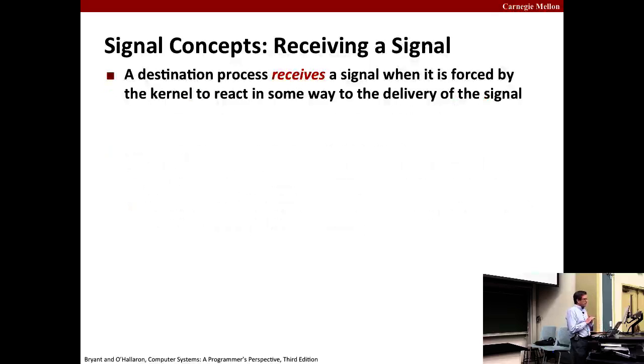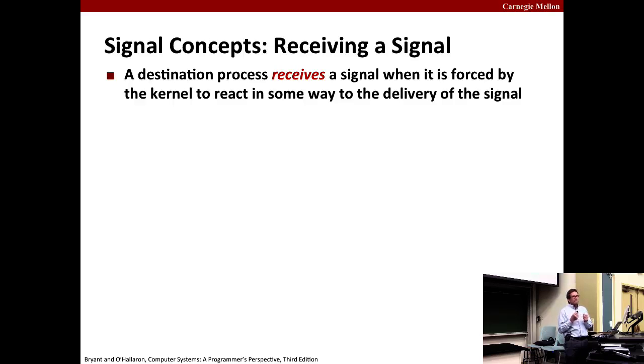Now, the destination process receives a signal when it's forced by the kernel to react in some way to the delivery of a signal. So these are two very different things. Sending a signal sets state in the context of the destination process.